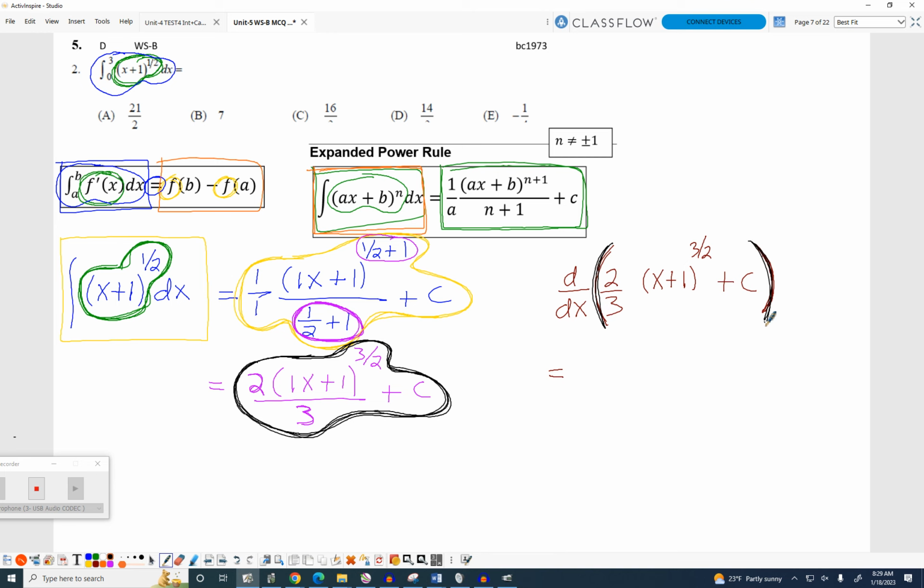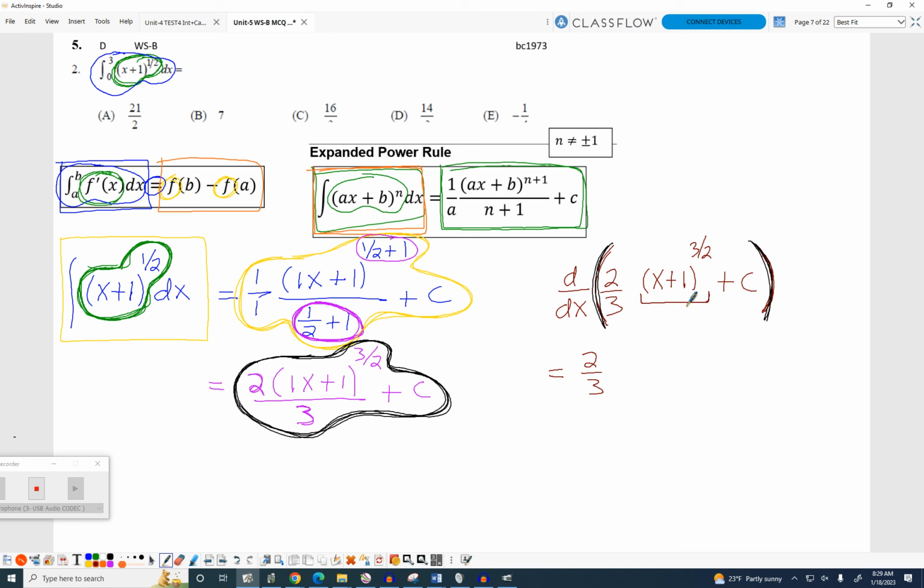We started with green. We found the antiderivative of the green. That gave us the black. Therefore, the derivative of the black must be the green. Question. Cool. Let's go to Ella. So Ella, 2/3 is a multiplying constant. We just pull it out. So now we must take the derivative of this.